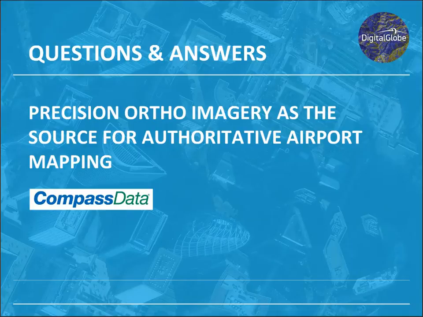There still are some elements that might not be able to be extracted based on not being able to see them in the imagery itself, whereas with aerial imagery, you might be able to pick up the smaller lights around the aerodrome. But yeah, the advantage is the access to this imagery, the fact that it can be collected quite easily and quickly as opposed to aerial, and the disadvantage would probably be that the features that you can extract from it are slightly limited compared to the features you can extract from higher resolution aerial imagery.